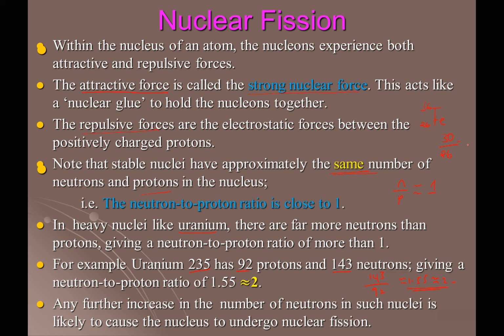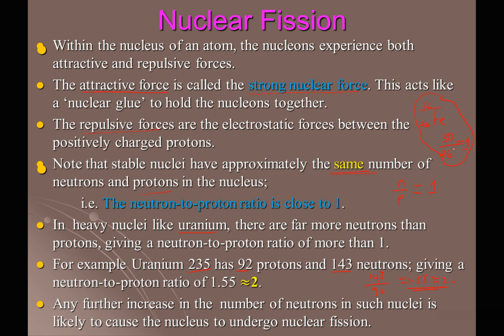If you press your calculator, 30 divided by 26 is 1.2, which is approximately 1. And iron is one of the most stable nuclei. Therefore, for nuclei whose number of protons is very close to the number of neutrons, such nuclei are extremely stable.